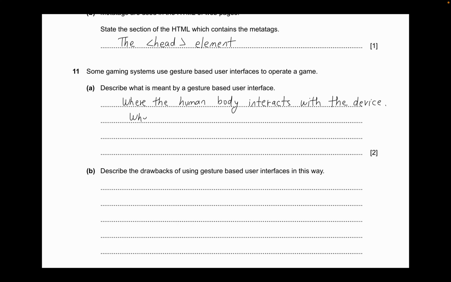And you can also mention where the human gives a command to that system without using a keyboard or a pointing device. This is what you're going to be writing for 2 marks.